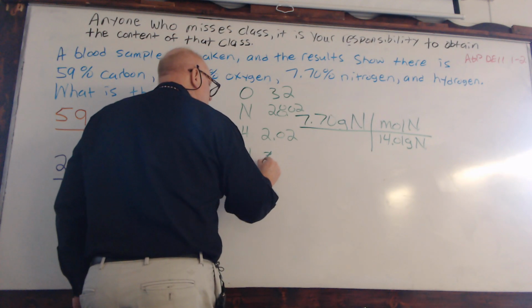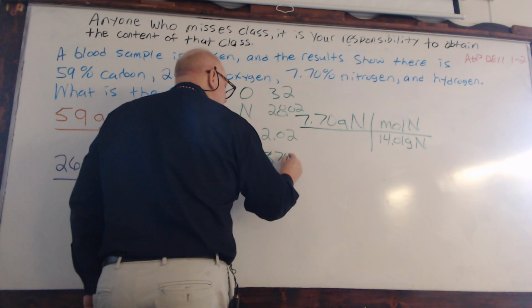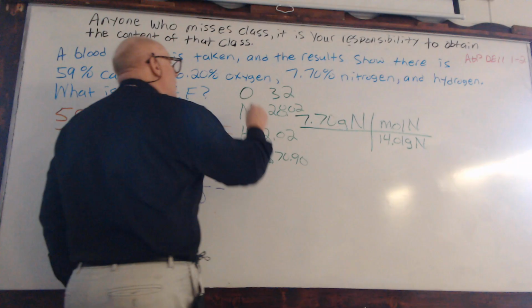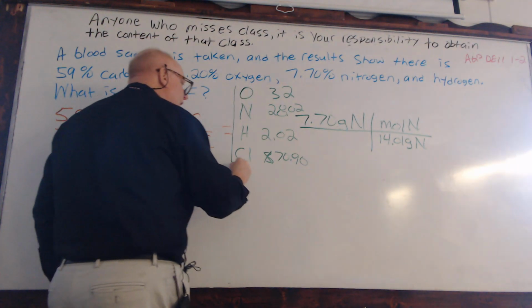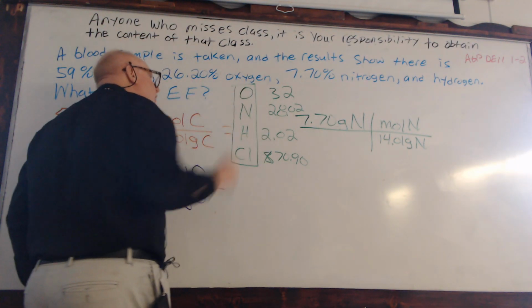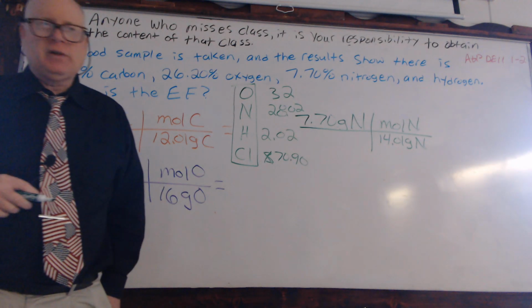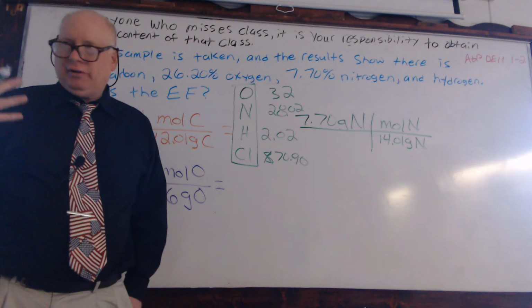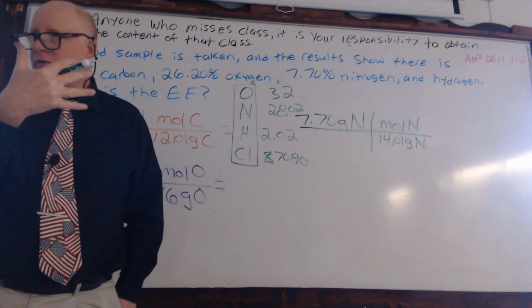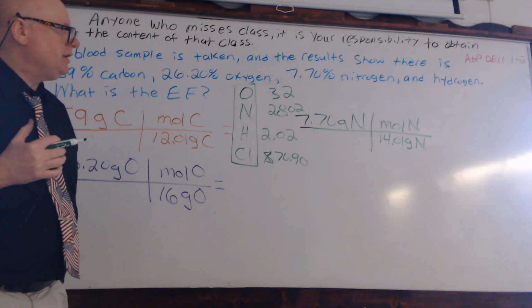Let's see here. Nope, that's not 35. It's 70.90. What do you remember from physical science do those all have in common? They're diatomic. So that's one of the things that happens moving forward when we start talking about reaction stoichiometry.